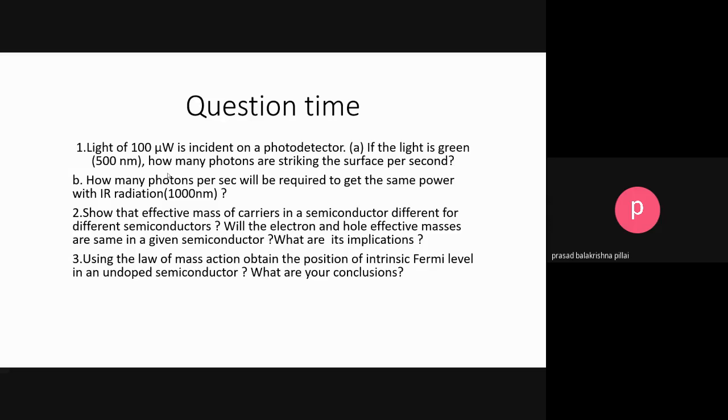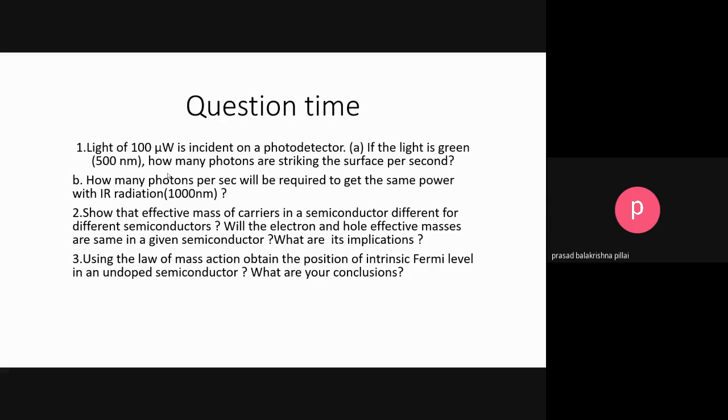So we had the next question. We had a lot of discussion on this. The electron and hole effective mass we have discussed earlier, so I'm not discussing this. Today we discussed using the law of mass action and obtained the position of the intrinsic Fermi level in an undoped semiconductor.